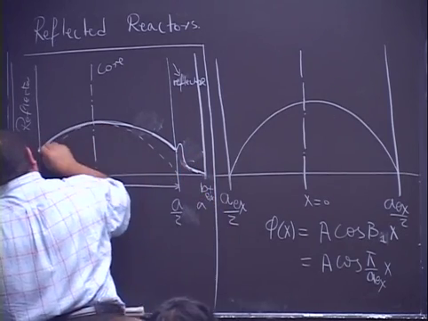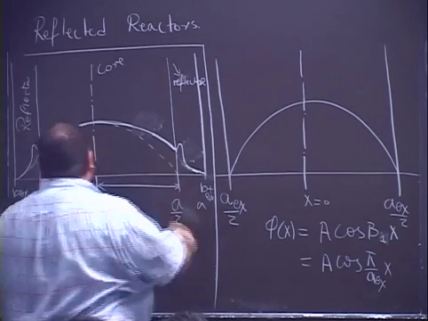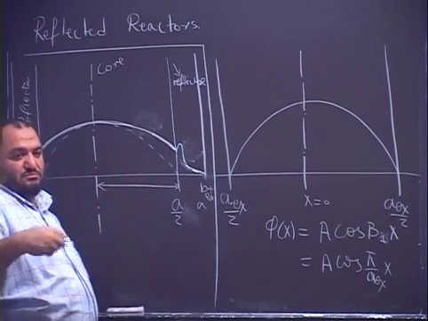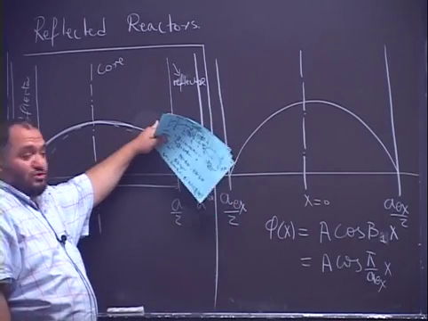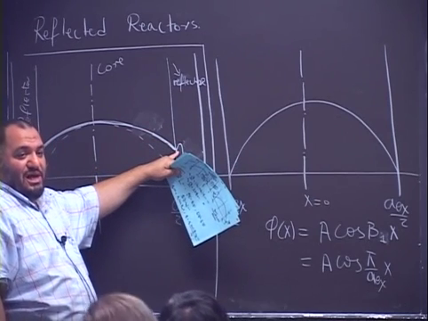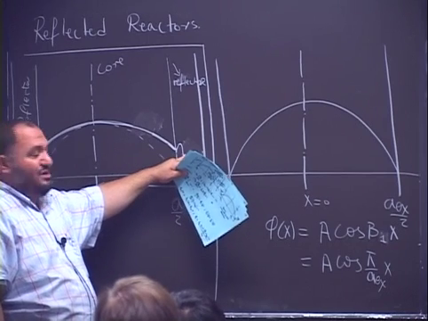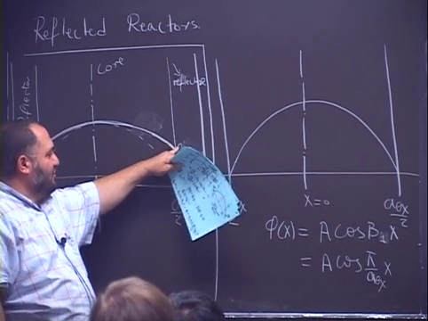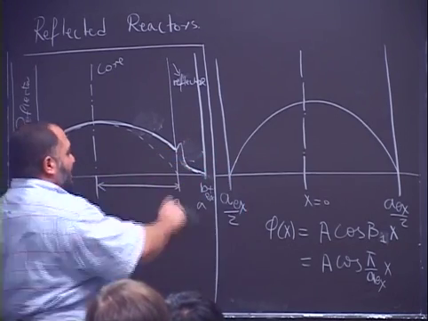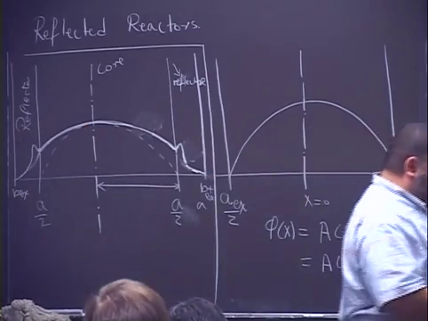And this hump is coming from the accumulation of the neutrons. There is a neutron source here, there is no neutron source here, so neutrons will come out, and this is the thermal flux. Because this is the reflector, we'll have a build up of the neutrons, let's say up to here, then it will start decreasing again. So you'll have this hump here. This is the exact solution if you want.